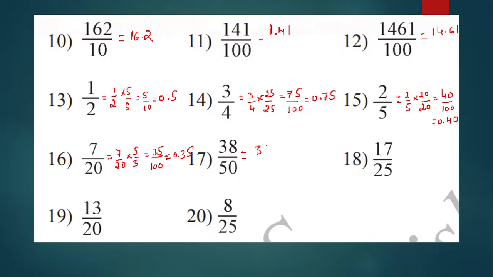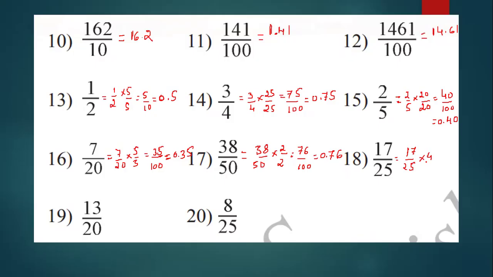38 by 50 is there. Divide and multiply by 2. Denominator becomes 100. 76 by 100 is 0.76. 17 by 25 is there.